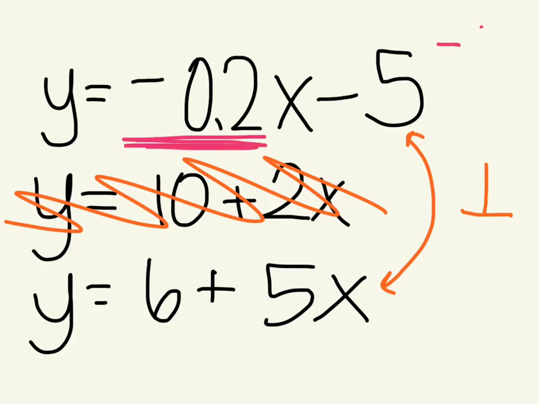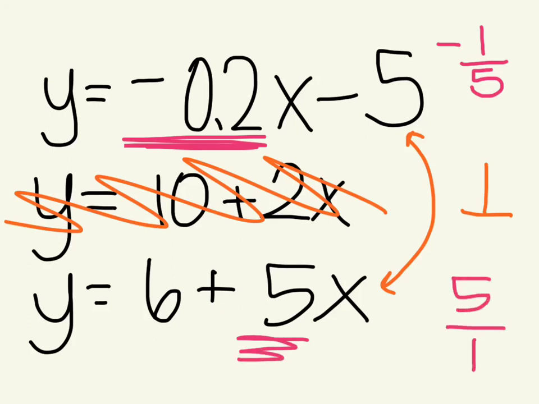Negative 2/10 as a fraction is negative 1 over 5. 5 as a fraction is positive 5 over 1. So our equation y equals negative 2x plus 5 is perpendicular to our equation y equals 6 plus 5x because the slopes are opposite reciprocals.